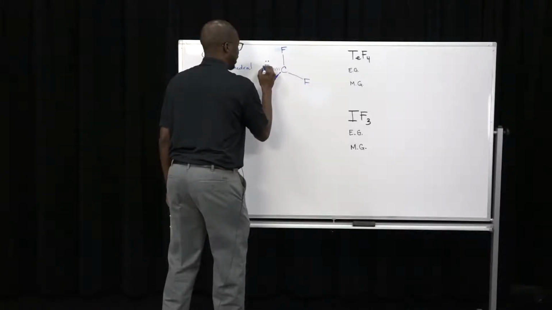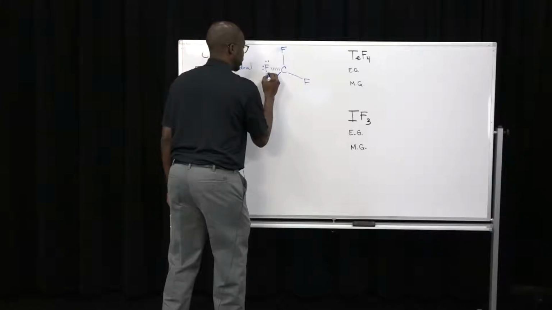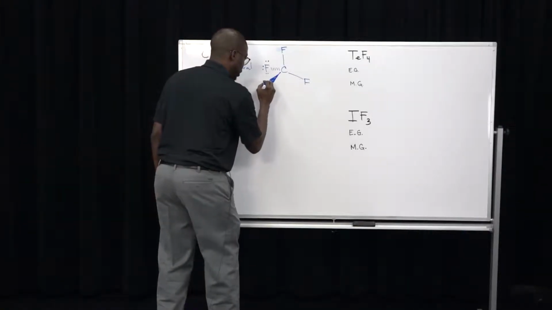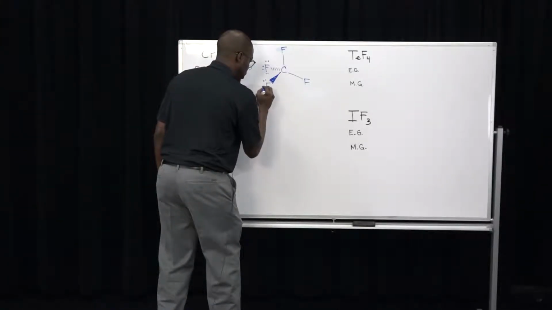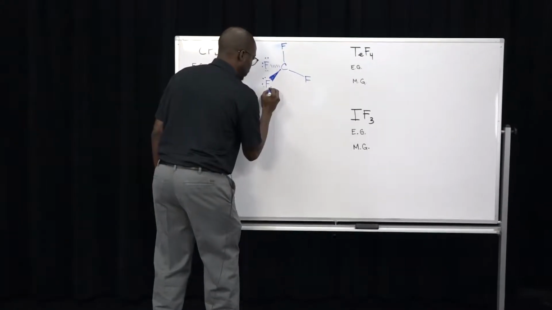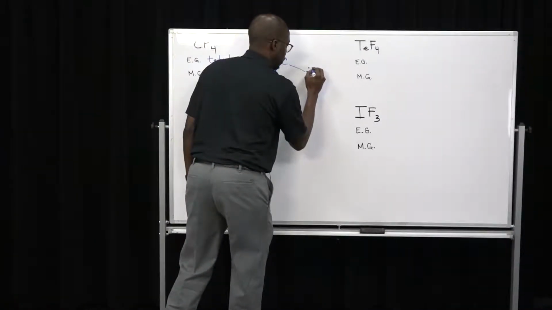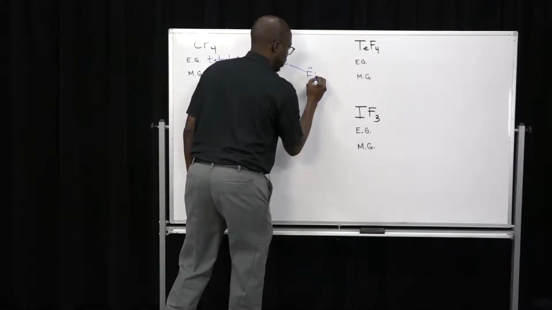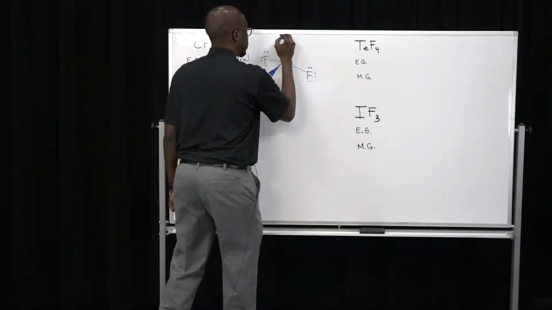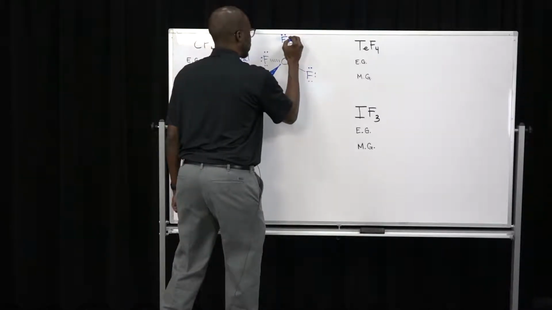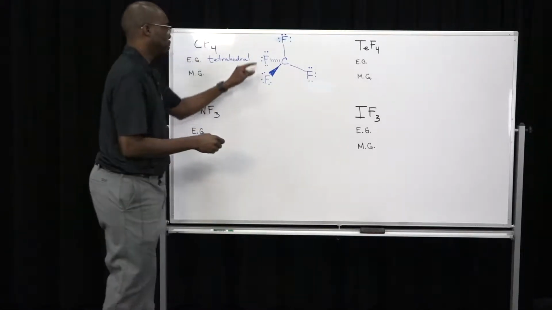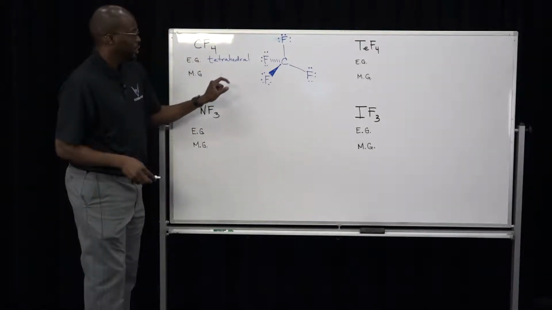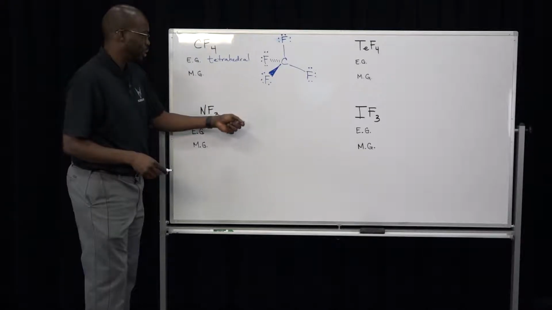Now I'm going to draw my lone electrons around the terminal atoms. Okay, so here's our tetrahedral electronic geometry.